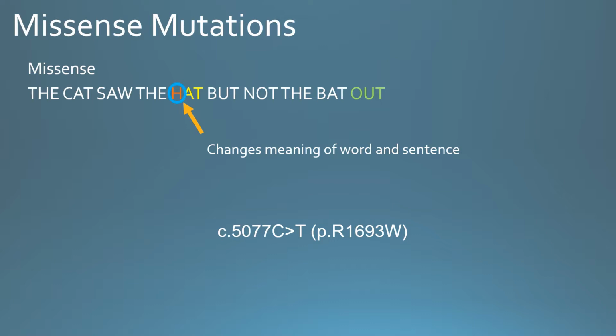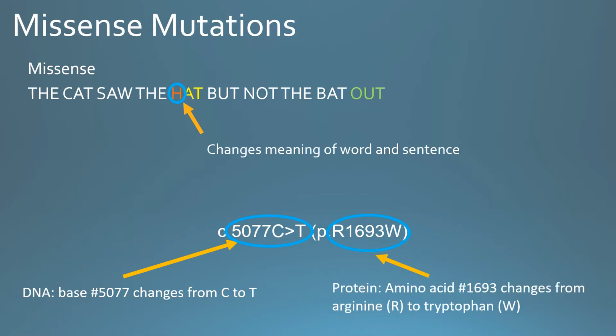So an example of this is in our protein, which it turns out is actually the dysferlin protein. We change a C to a T, which was the same DNA base change we had in the last example. But this time, instead of changing from an R to an X, we're changing to a W, which is a different amino acid.